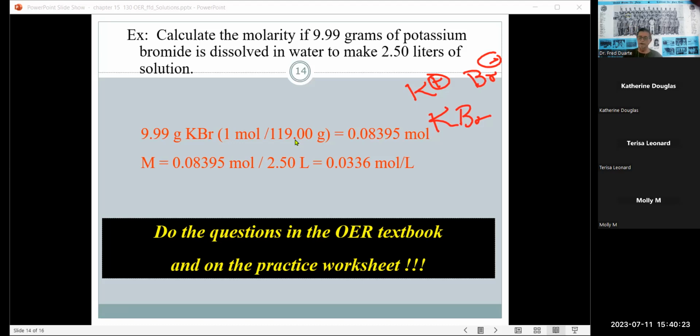So here I divide 9.99 grams by 119. The other aspect is this: when you do your math, just make note that you have 9.99 grams and 2.50 liters.